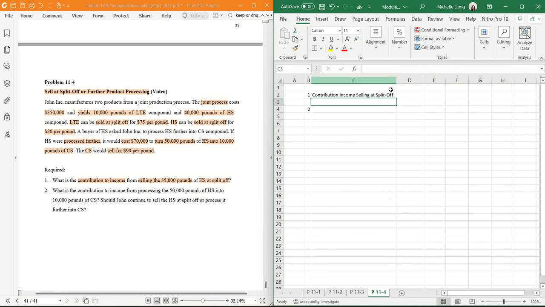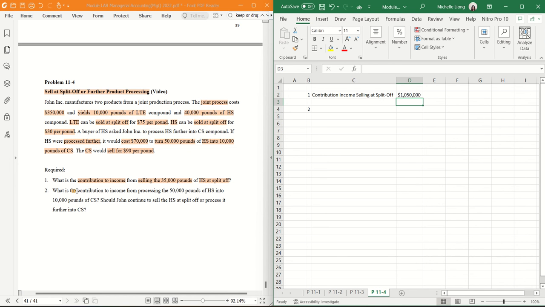Right here we can see that HS sold at split off for $30 per pound. So we just need to take $30 times the 35,000 they're selling and we get $1,050,000. This is the amount that we will get if we sell it at split off.